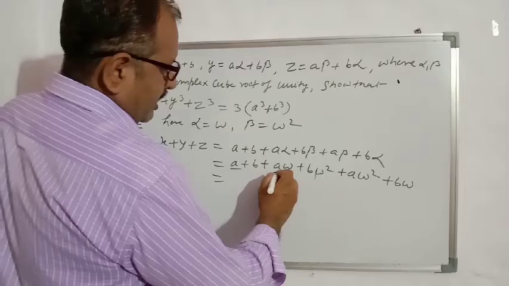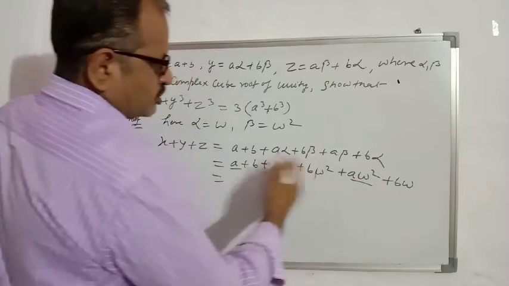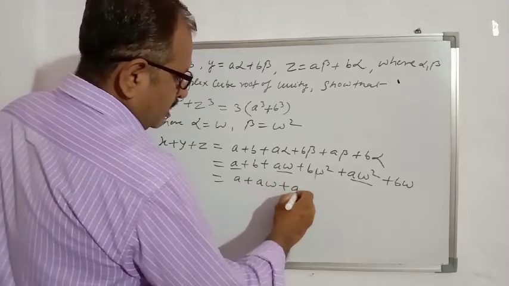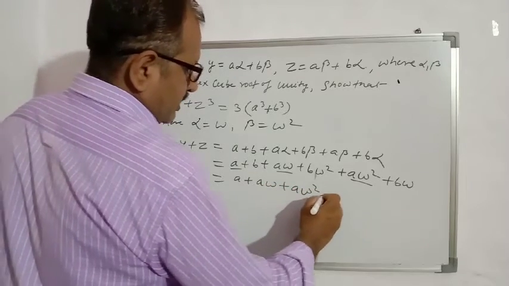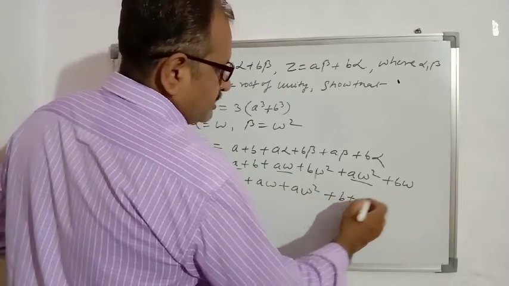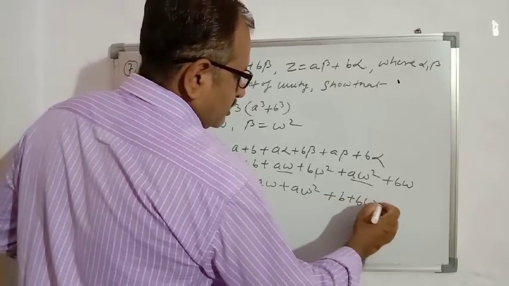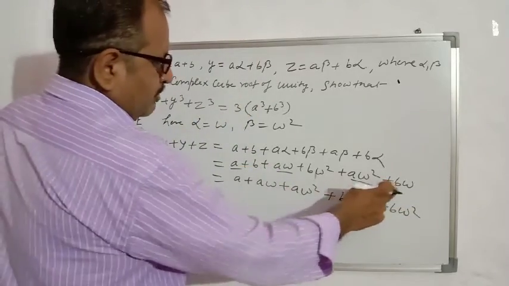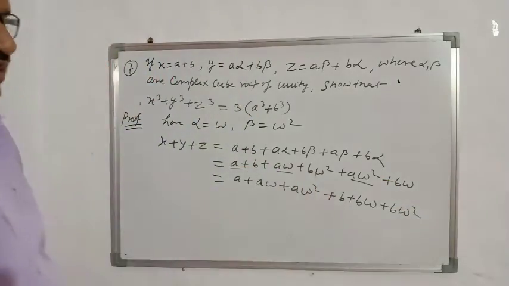Take a, a omega and a omega square together: a plus a omega plus a omega square, then b plus b omega plus b omega square.